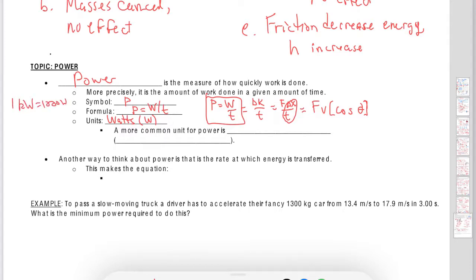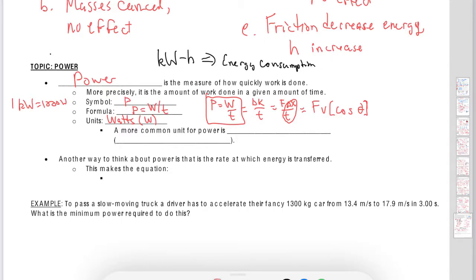In fact, if you look at your electricity bill, you would see something called kilowatt hours. So this is the unit for energy consumption, which is actually a unit for work.